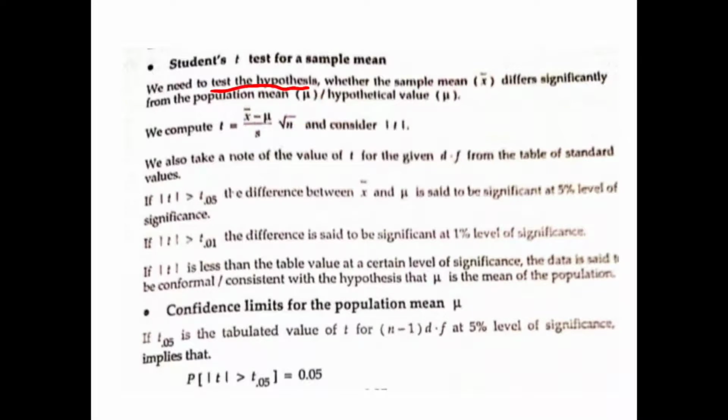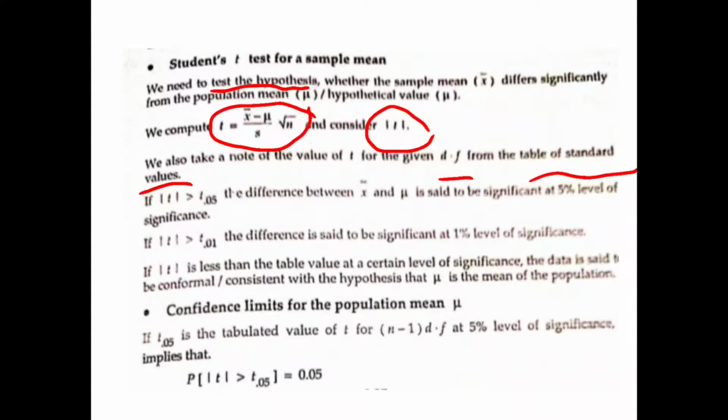So for that we compute the value of t by using the formula t equal to x bar minus mu divided by s into root n, and consider the absolute value of t. And now we need to consider the standard table of values where you have the degrees of freedom.